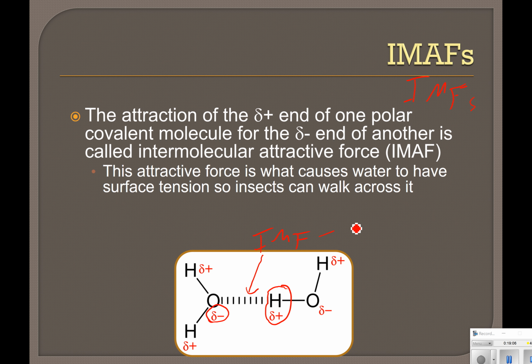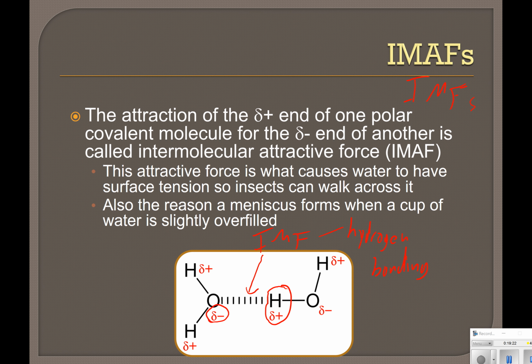And this, in this case, is what we call hydrogen bonding. It is a very strong type of dipole bond, and it occurs between molecules, not in the molecule, but between molecules. And this is responsible for surface tension on water.